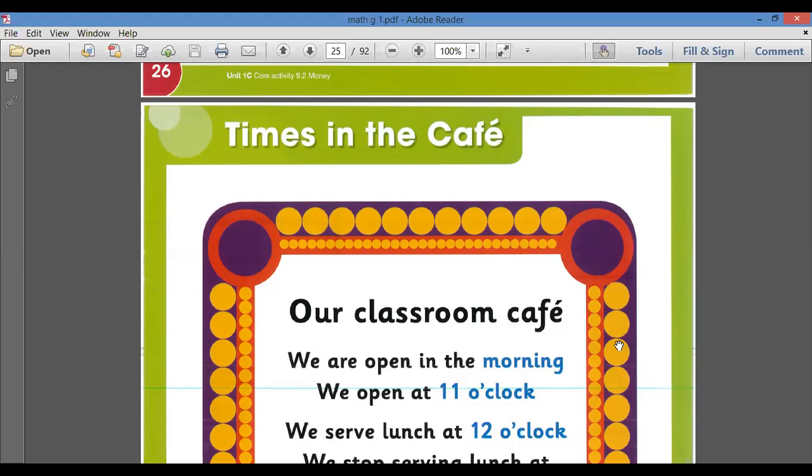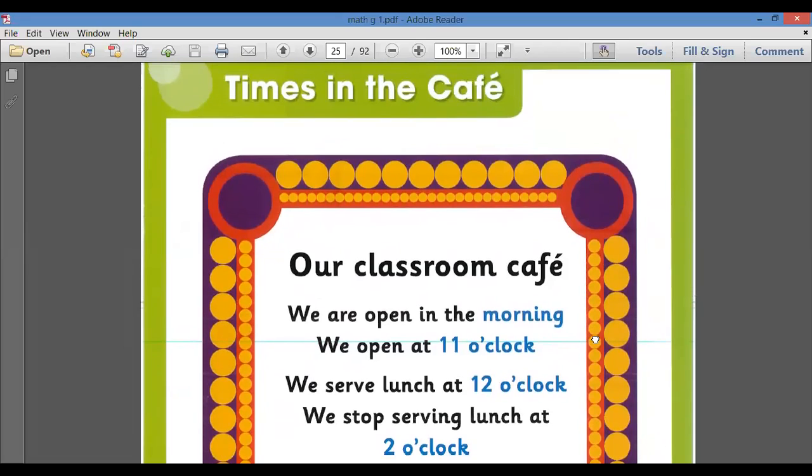So what is the time when the cafe is open? We are learning here about our classroom cafe, at which time it is open in the morning.